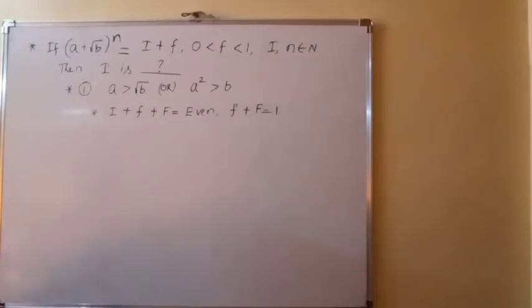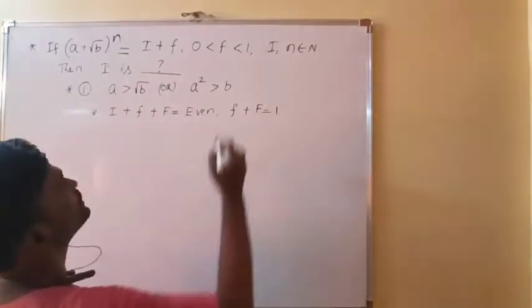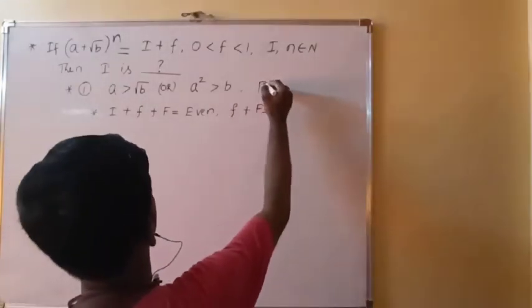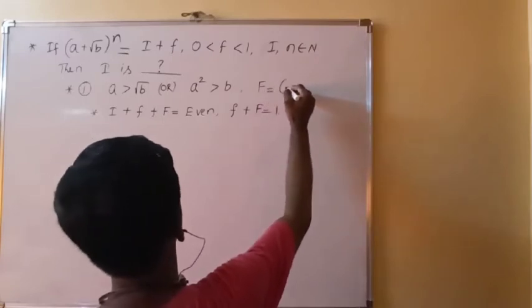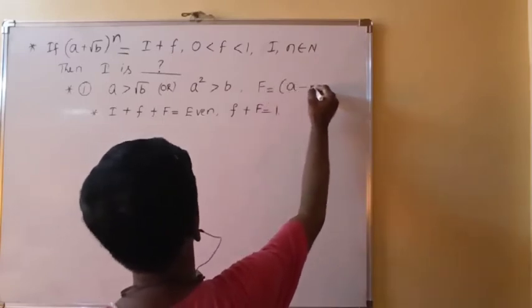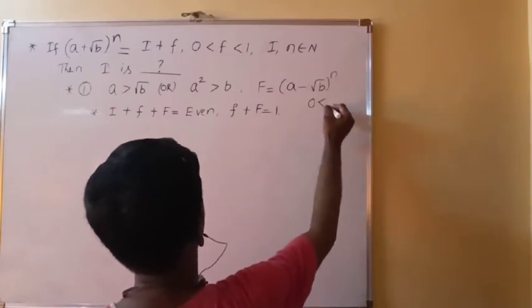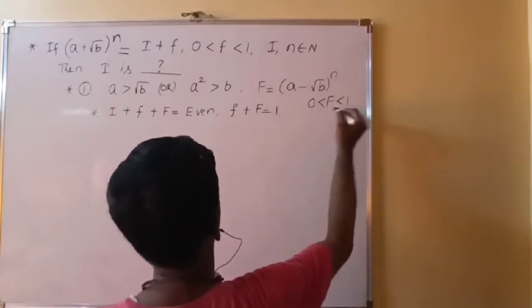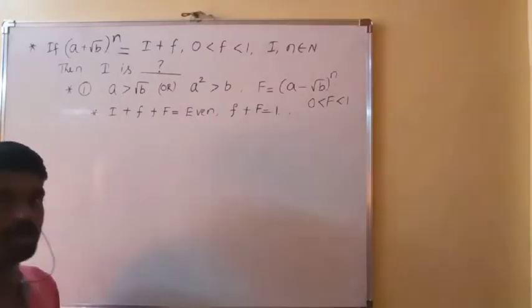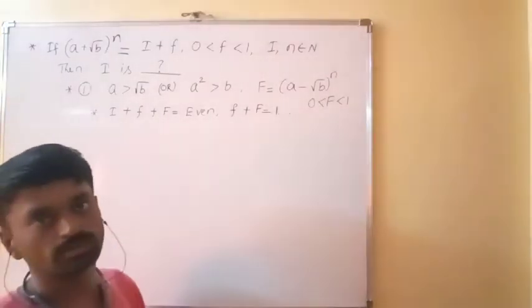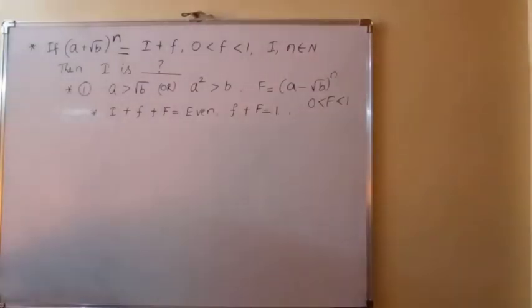Okay, what is capital F? Capital F you have to define: F = (a − √b)^n. Observe here that capital F must lie between 0 and 1, then only the trick I'm going to explain works.